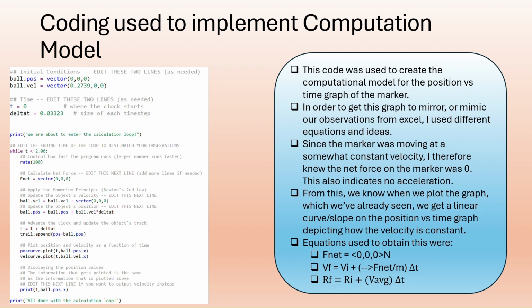So the velocity, not of the ball in this case, but of an actual marker, is the same each time through every time step. And the position is found by using the position equation, which is the initial position plus the average velocity times the change in time. And this is done over and over again until it reaches 2.06 seconds.